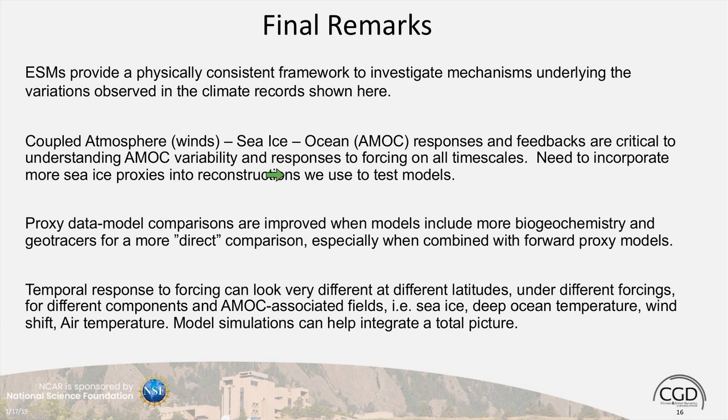And I think we should try to incorporate more sea ice proxies into our reconstructions that we use to test our models, because the feedbacks between AMOC and sea ice seem to be critical for some of the responses that we're seeing, and winds.